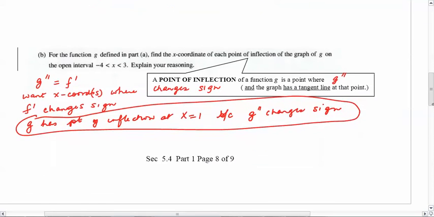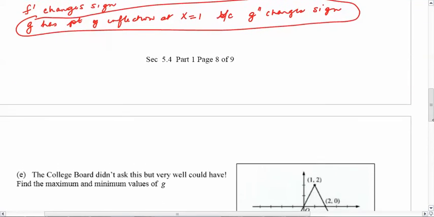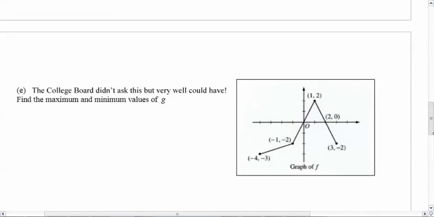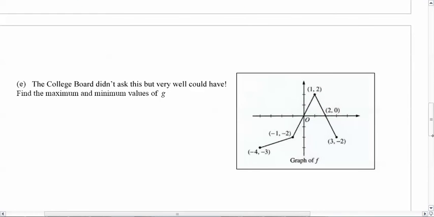So let's move on. We started part C in class, and let's have a quick look at that. We want the maximum and minimum values of G, and remember what the default is.